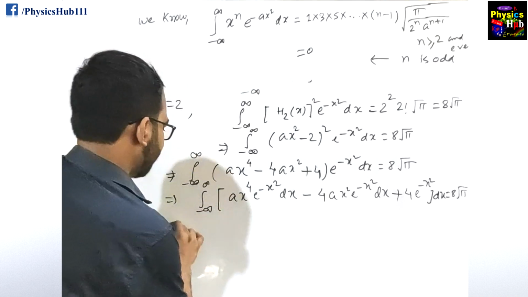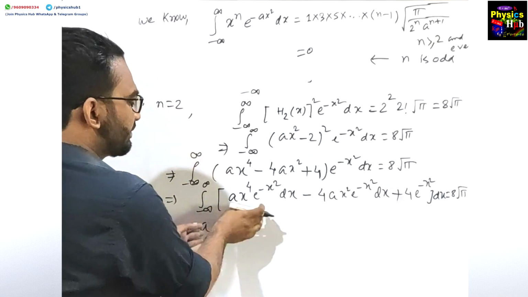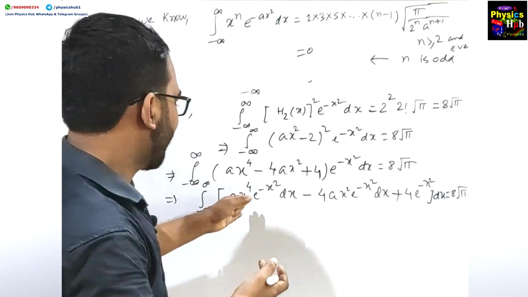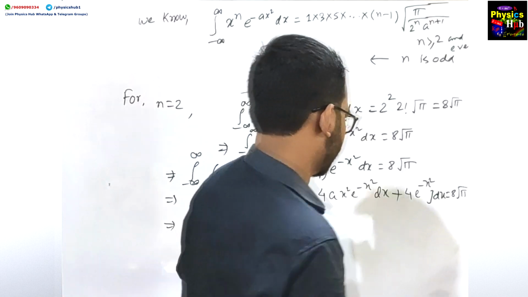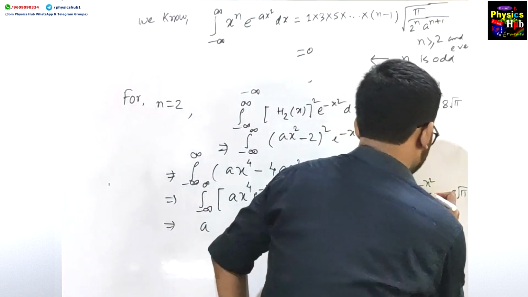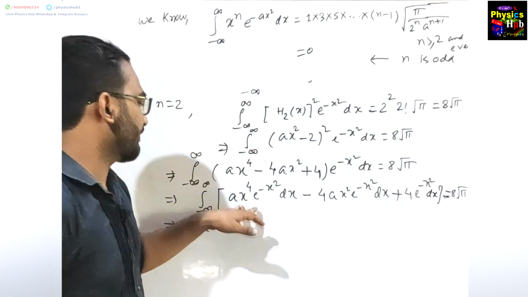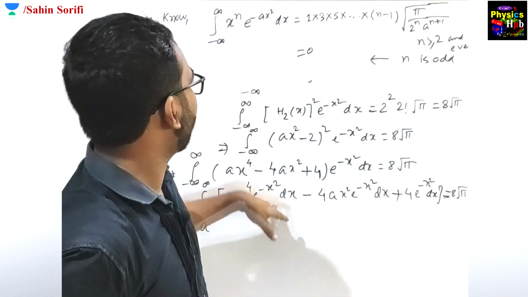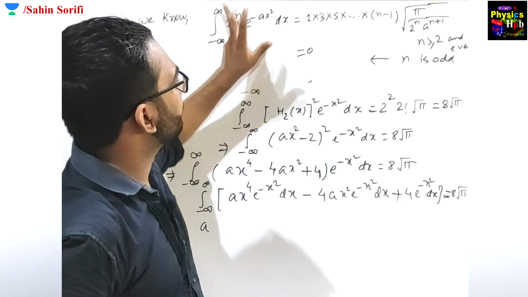Here you can see a is a constant, so it is coming outside. x⁴ e^(−x²) dx: here a is 1 and x to the power 4 means n equals 4.